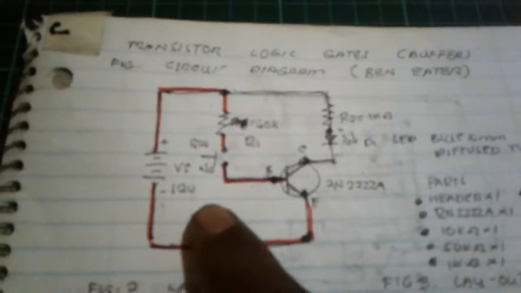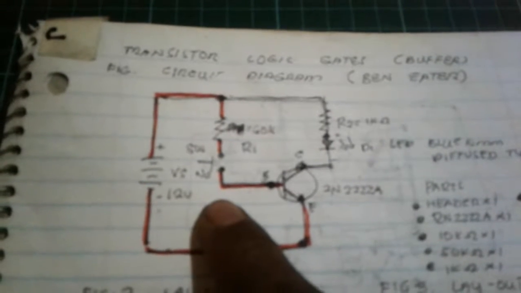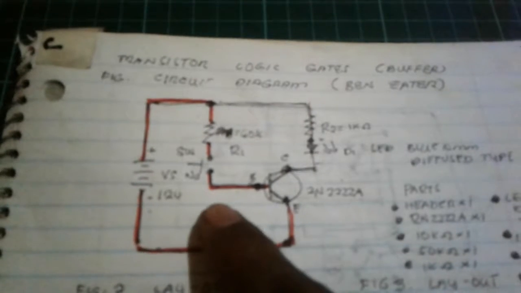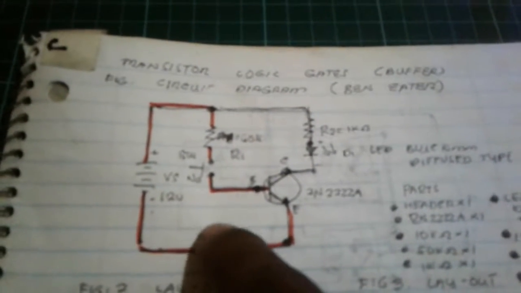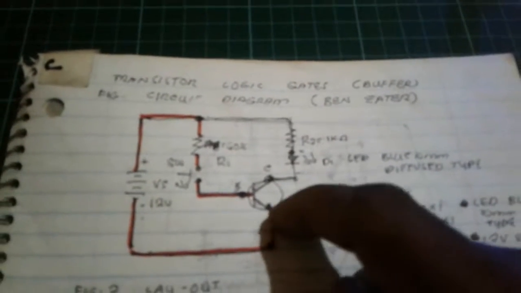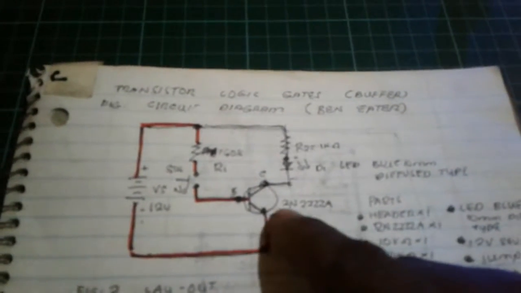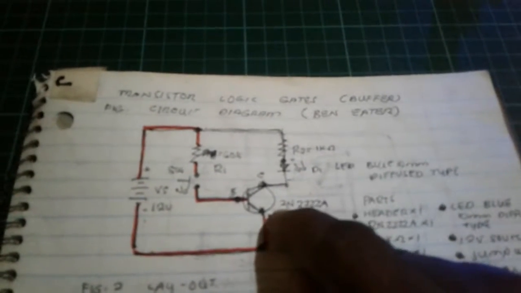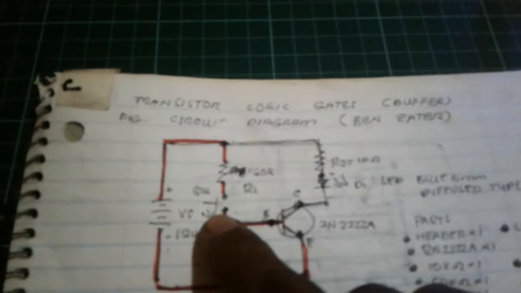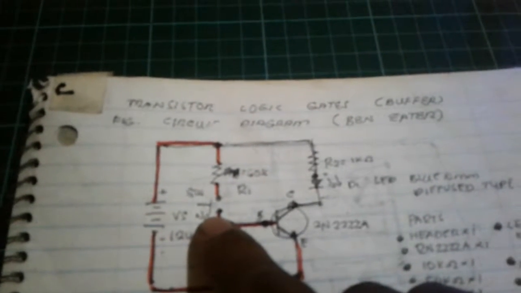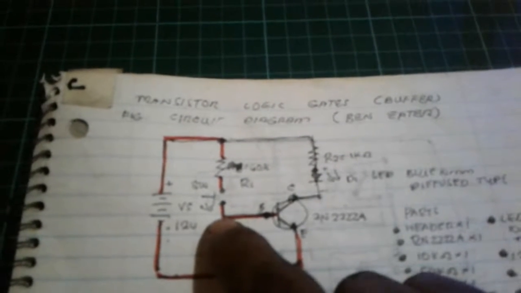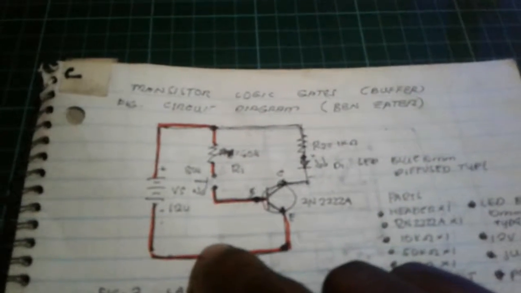I think the problem here is there's no bias resistor here, and also there's no pull down resistor here, resulting in a leakage current because the transistor has a breakdown voltage, and also the switch is hanging here. We need a pull down resistor here.